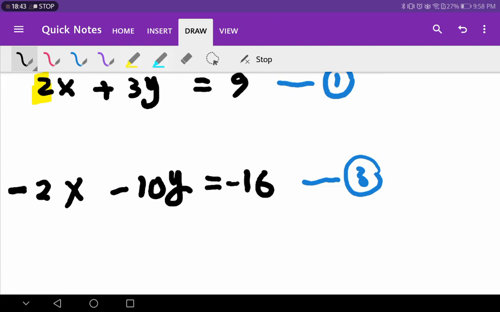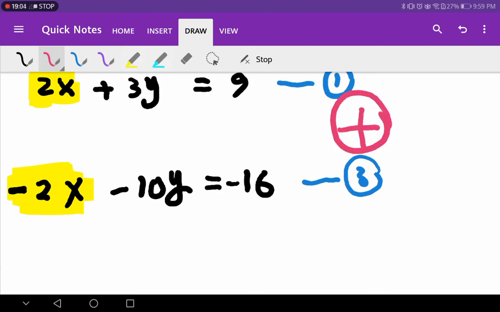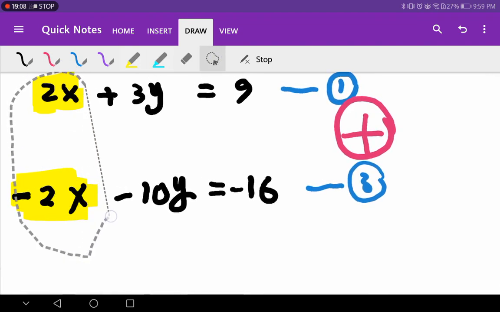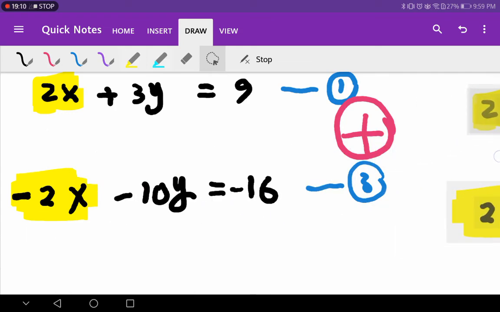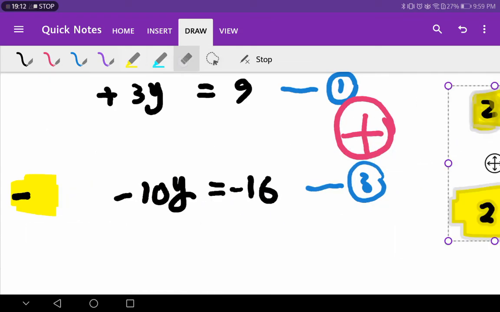Now you see, I have 2 here and negative 2 here, the same number with different sign. So the 2x with the negative 2x, when I add, they will eliminate. So I will remove them away. I don't need them at all.